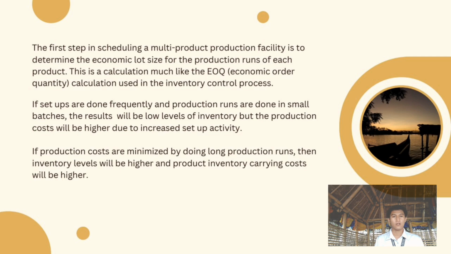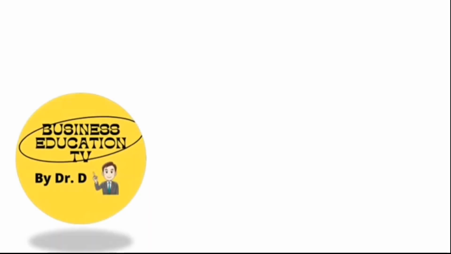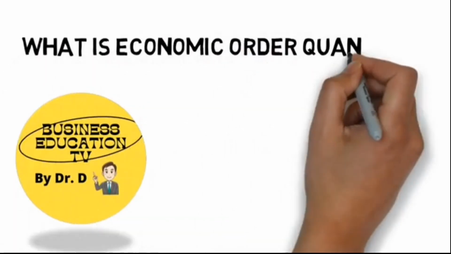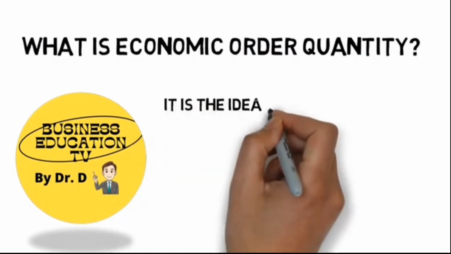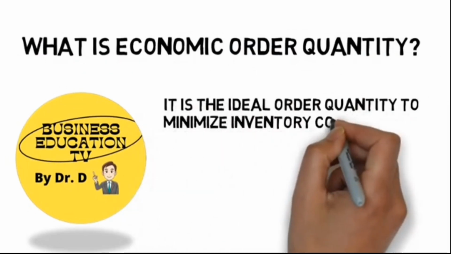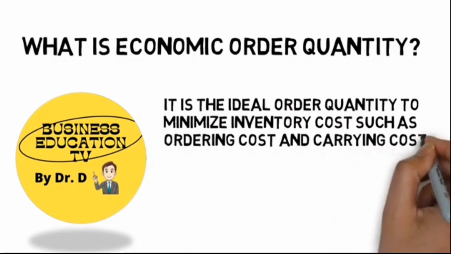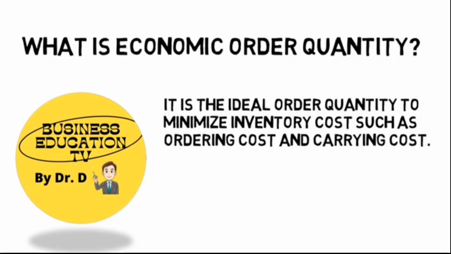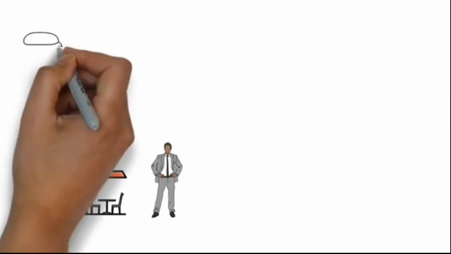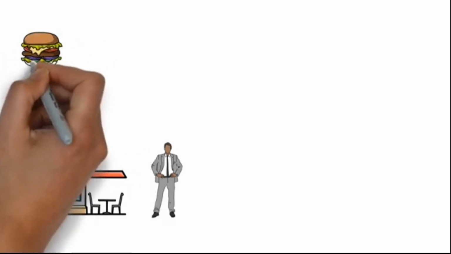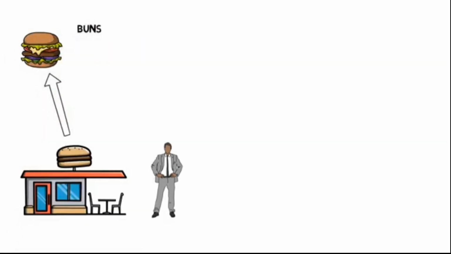Now let's talk about what economic order quantity is. It is the ideal order quantity to minimize inventory costs such as ordering costs and carrying costs. For example, you are selling burgers and you need raw materials such as buns, patty, cheese, and condiments.